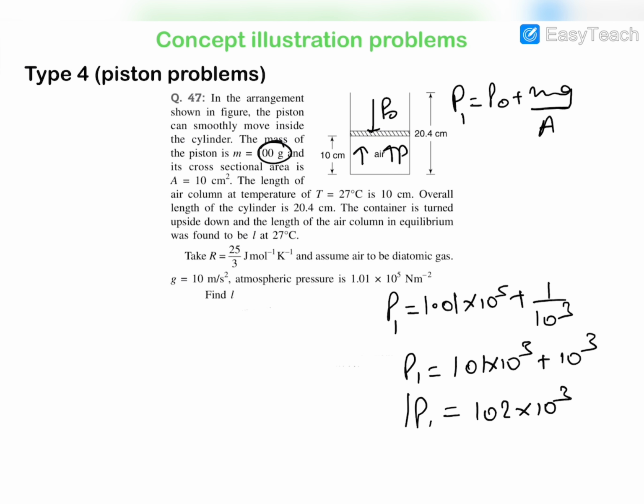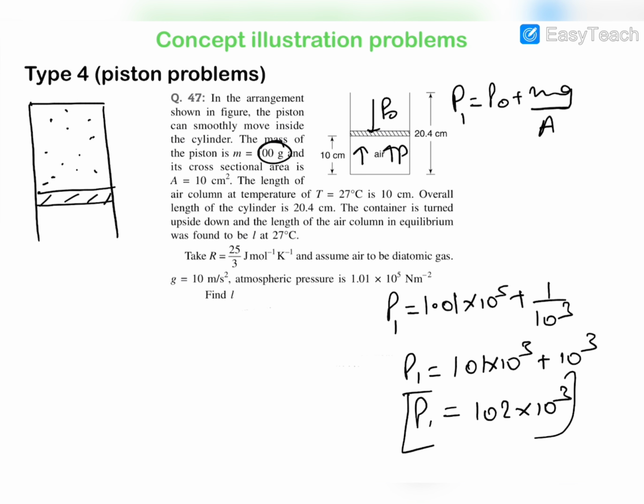This is P1. And P2, when we turn this cylinder upside down, then obviously this piston descends, and the new length of the air column becomes L, and now the pressure becomes P2, and the atmospheric pressure is still P naught.